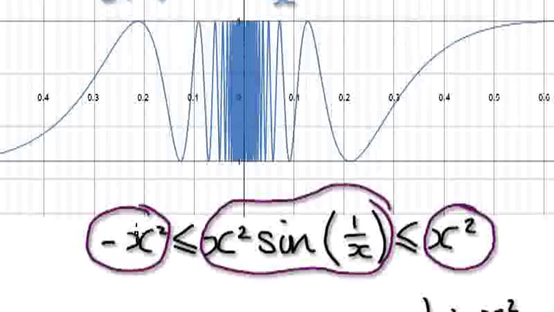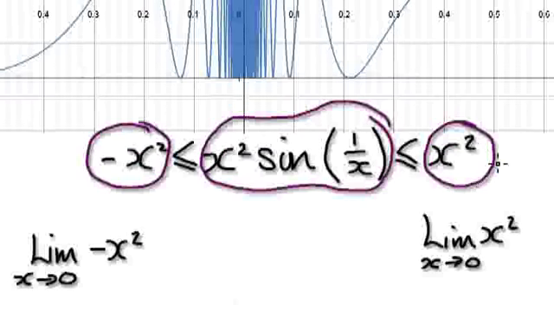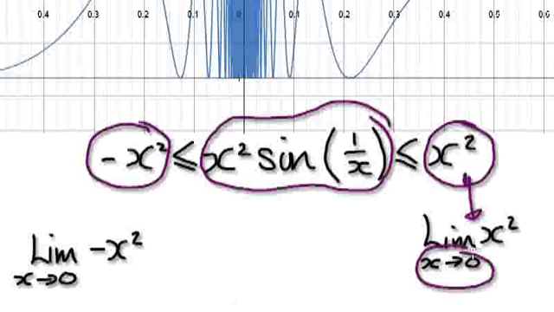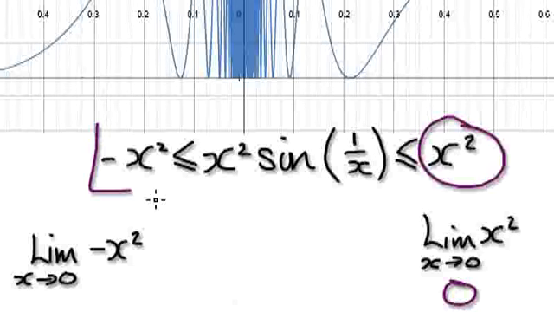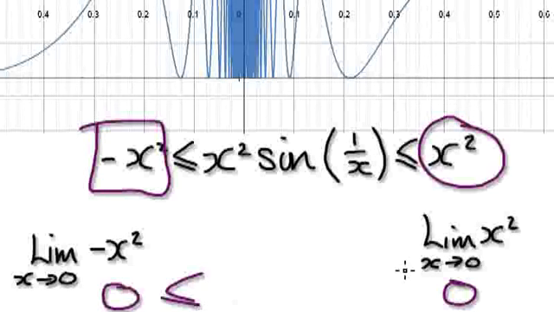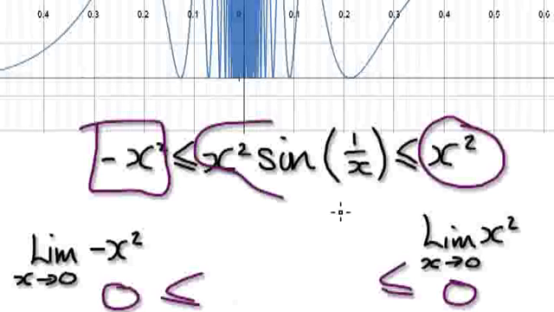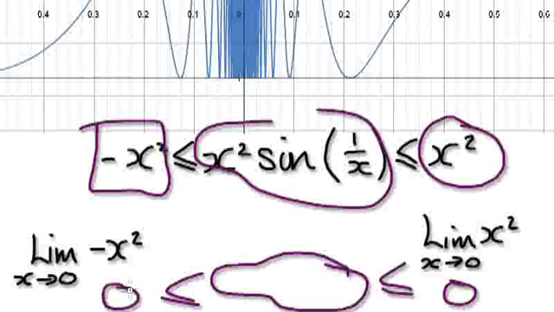Okay, so if we know the limit of this here as x approaches 0, the limit will be 0. And looking at this here, the limit of this as x approaches 0 is also 0. So basically our function here is being squeezed or trapped in between 0 and 0.